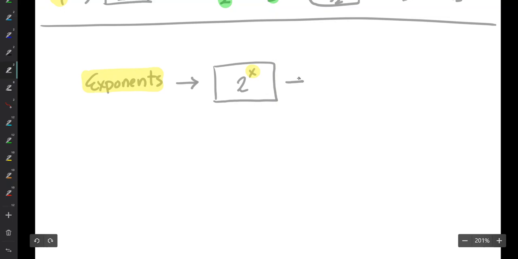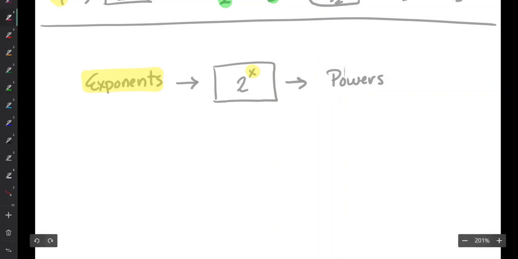What comes out, that 2 to the x, is what comes out. This whole thing is a power of 2. Powers of whatever the base is.